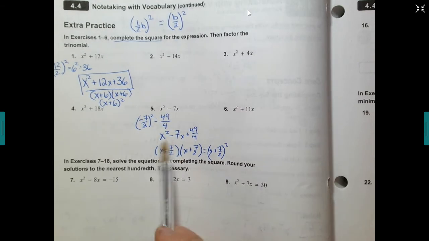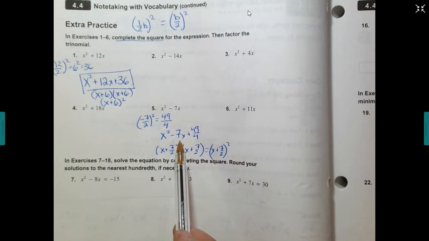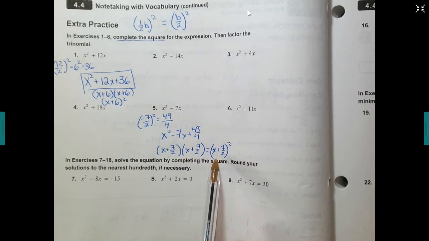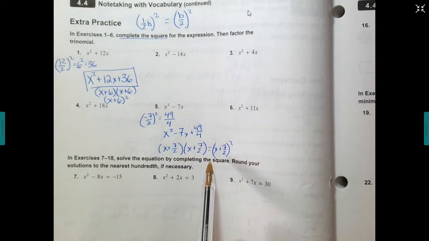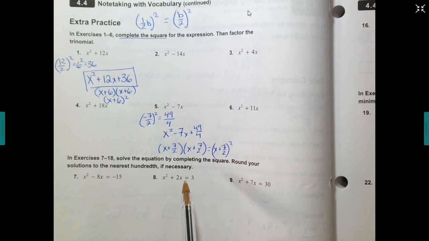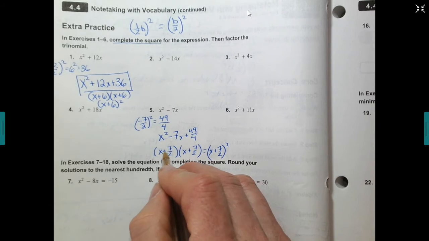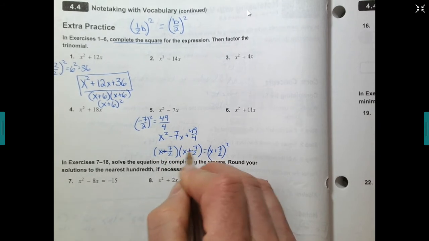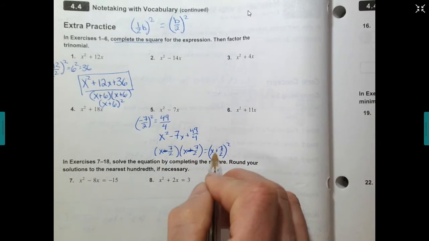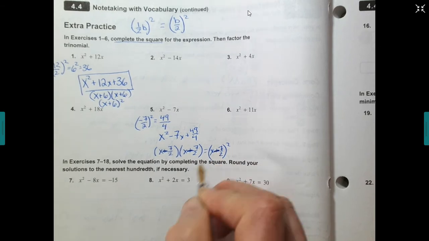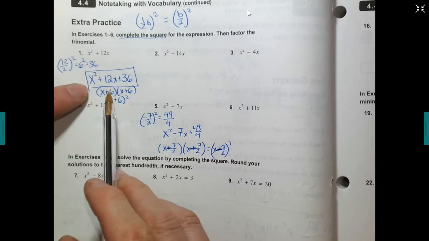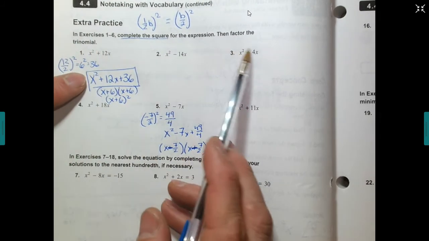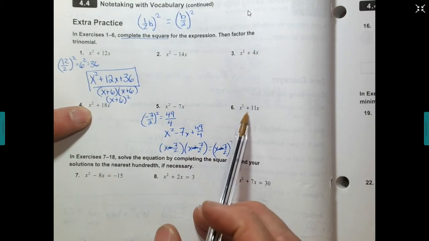So that's what I want you to find right there. And that's what it is when we complete the square. Oops, I'm sorry. This is subtract. X minus, because that's a minus right there. X minus 7 halves squared.